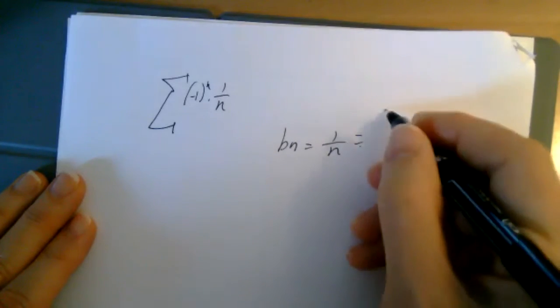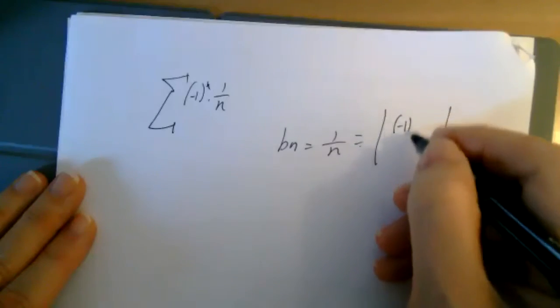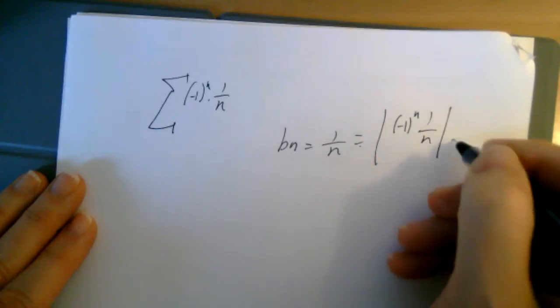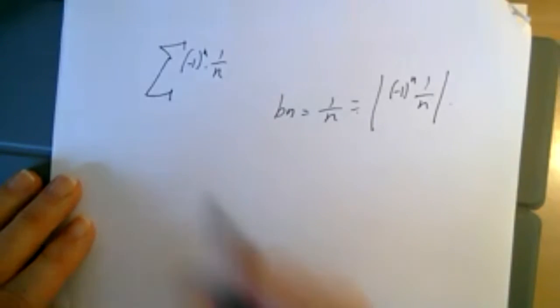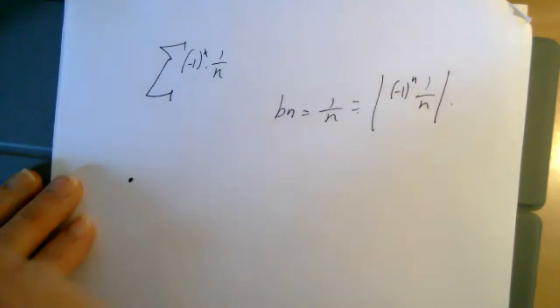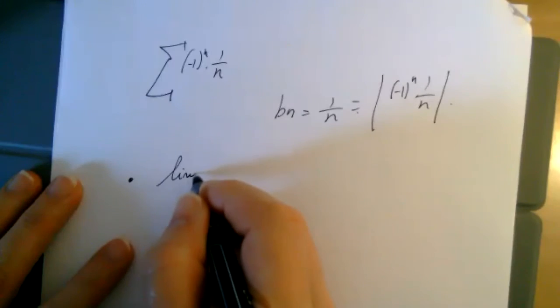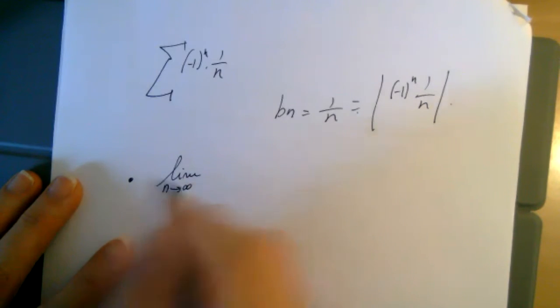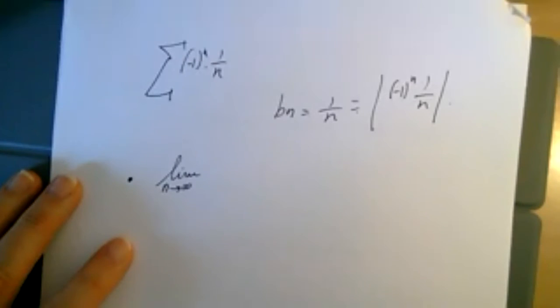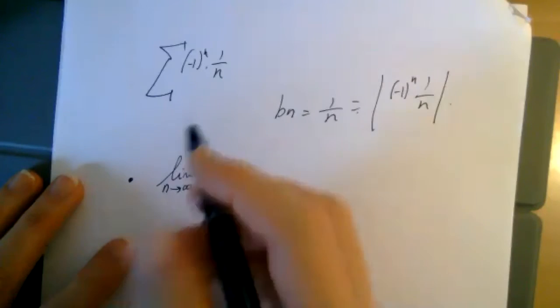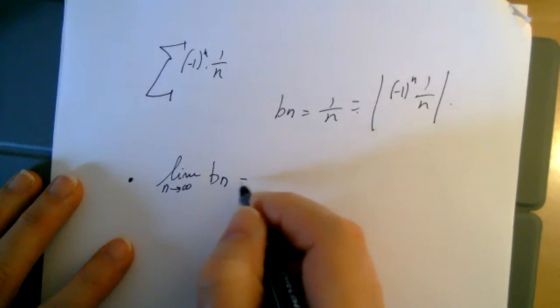It means they are the absolute value of those terms. Do they satisfy both conditions? First, I immediately start usually with the bn. Do they go to 0? If they don't go to 0, we know it diverges, because the divergence test tells me if the terms don't go to 0, you're done. So we start with the terms.